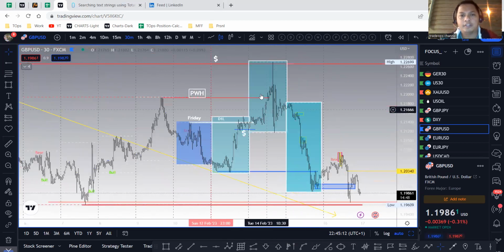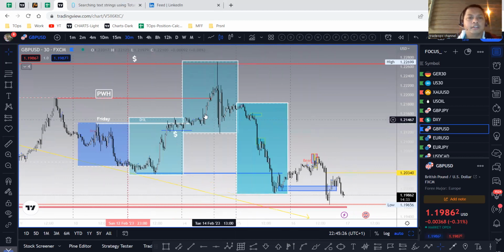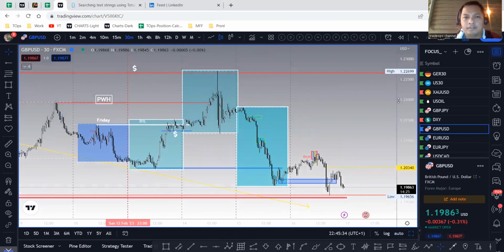So, ngayon, na-liquidate sila. Then, ibinalik ng price yung price back to the origin. At then, na-stop out itong mga breakout traders. So, sa breakout trading, usually don't target or hold it for too long.